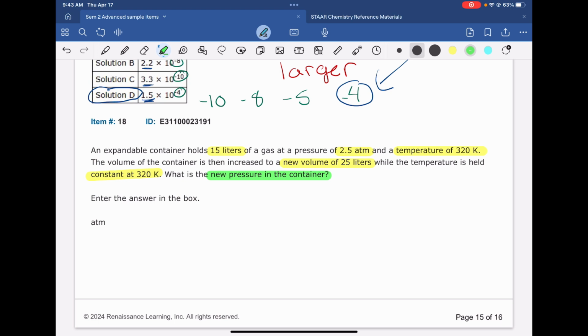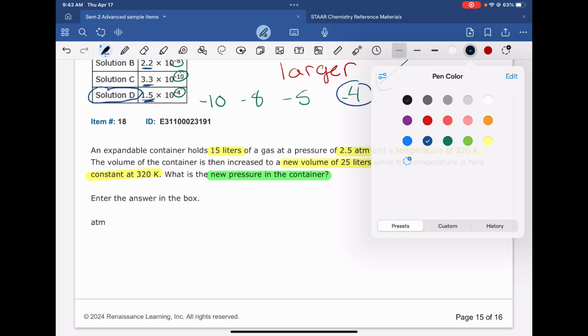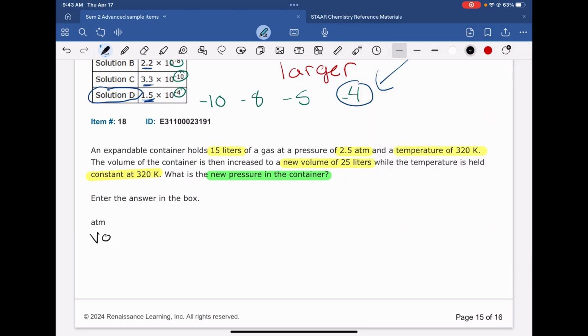Okay, so in this case, we're going to go ahead and take a look at our formula sheet. We have liters, which is volume. We also have our temperature. This is liters, this is in Kelvin.